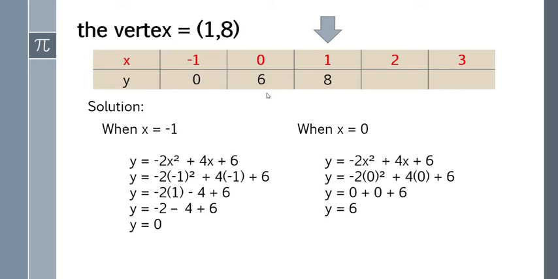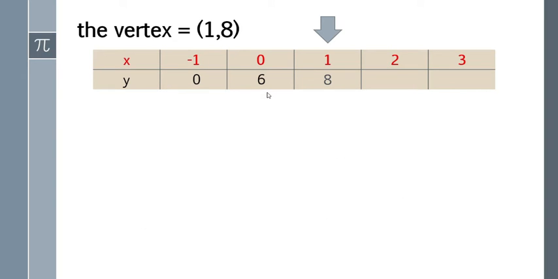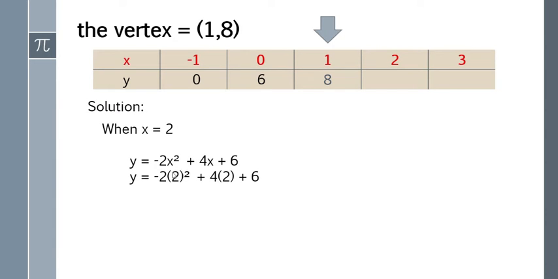And the next point is value of x is 2. So, substitute natin value of x into 2. 2 times 2 is 4. And then, ganoon din ito. 4 times 2 is 8 plus 6. Then, simplify natin, so ito magiging 0.